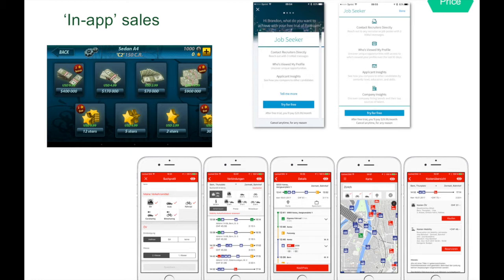Or if you go to Zermatt, you have two options. You can go around the Alps, or you can cross the Alps with a tunnel, and you can load your car onto a train and then go through the tunnel. And if you chose this tunnel option, you could in the fourth and fifth screen reserve your space on that train already.